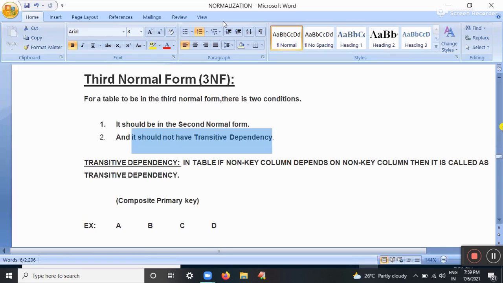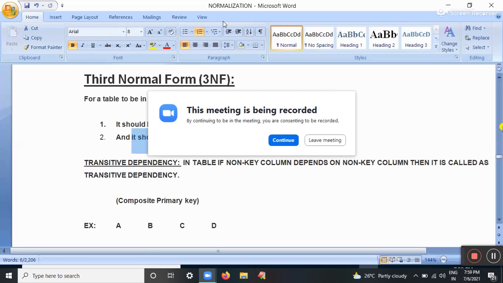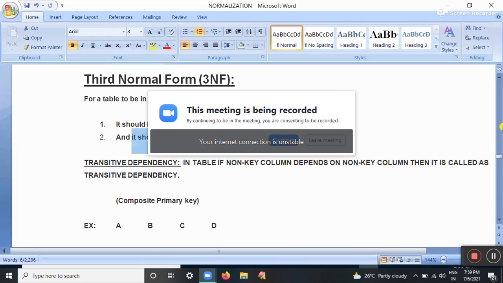And the next one is that it should not have transitive dependency problems. That should not be there.